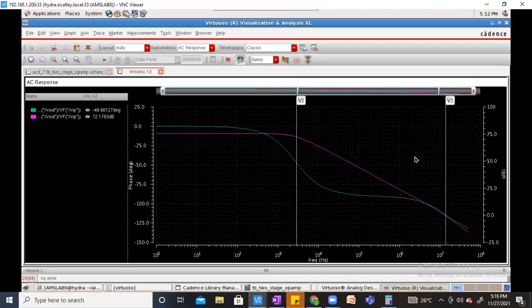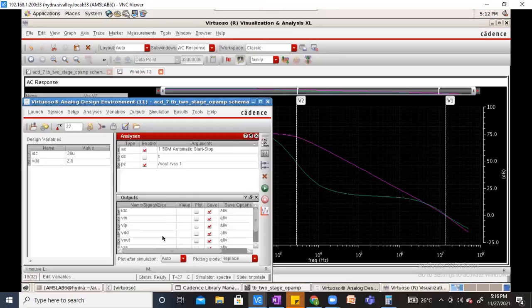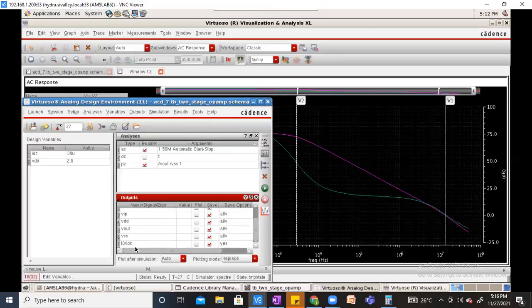That is not needed here, so you can calculate only unity gain bandwidth and phase margin. That's enough. We saw it in the graph, but it's better to have expressions so we can see direct values here. Any questions, guys?